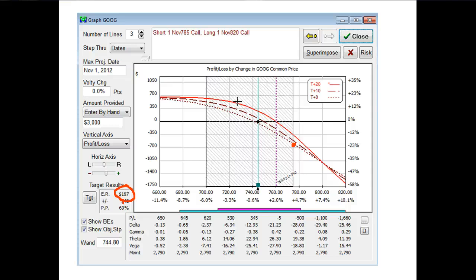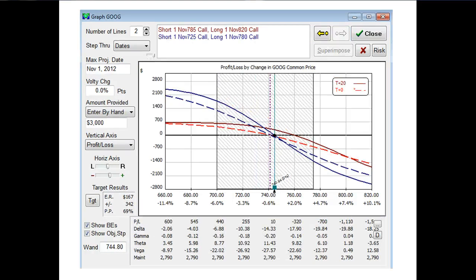I think this is probably a superior way to rank the trades. And to prove it, I'm going to hit superimpose, bring in the previous trade that we just looked at, right there. And we can kind of see, yes, it's true that in 20 days or so, we're not going to make as much money here as the other trade could make. But look at this.